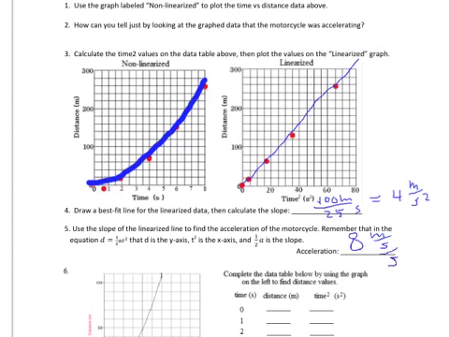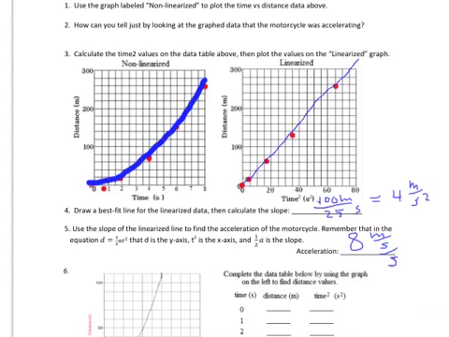So the trick to this, and the thing that kids are notorious for forgetting, is the slope of this line is not the acceleration. The slope of this line is 1/2 a in the equation d equals 1/2 a t squared. Since this is 1/2 a, you have to double this to get the acceleration.